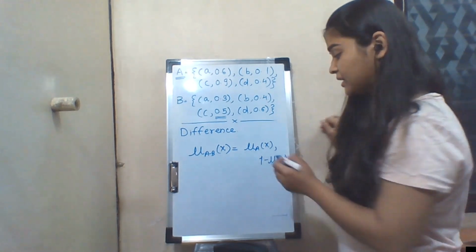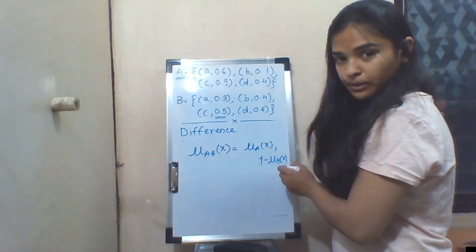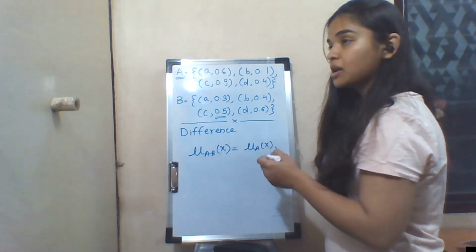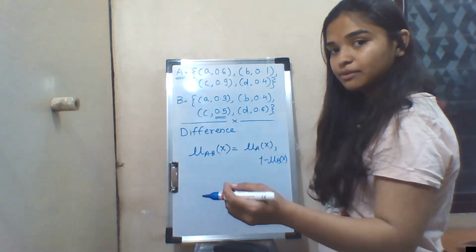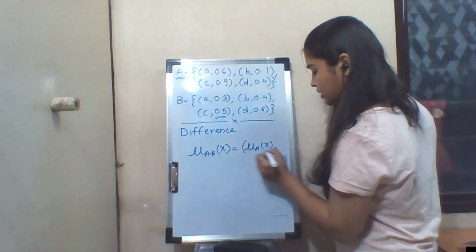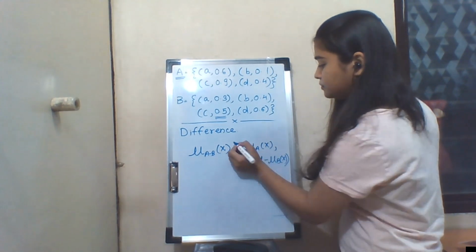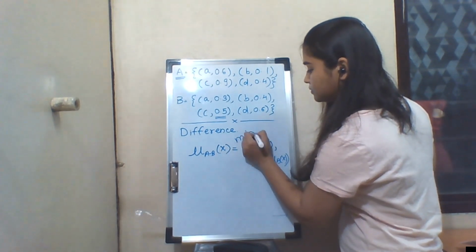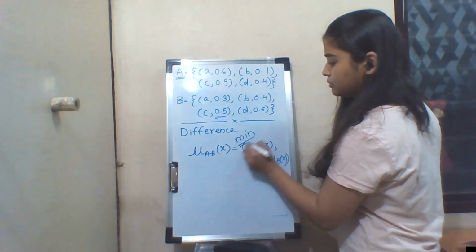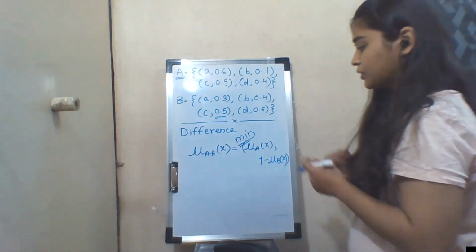Like in normal sets, we perform intersection on A and complement of B. Similarly, for intersection, as we take the minimum choice, we take the minimum of these two values.